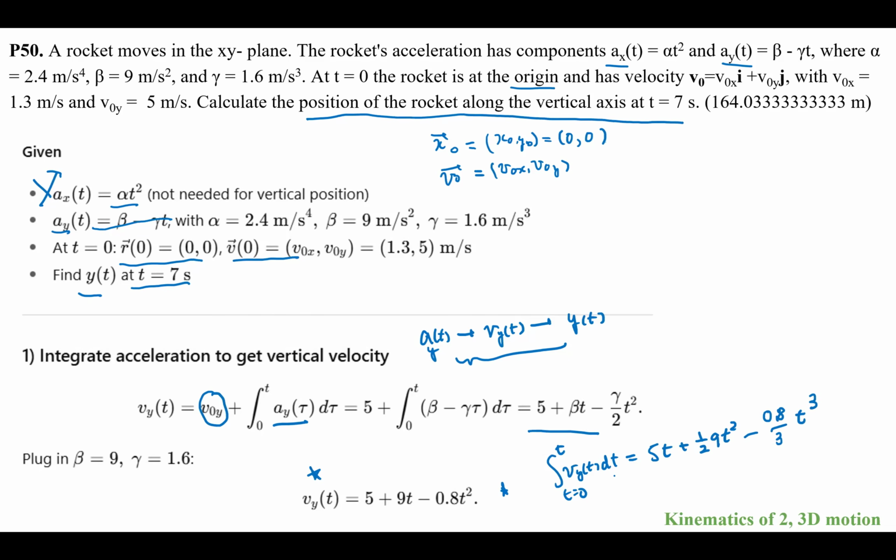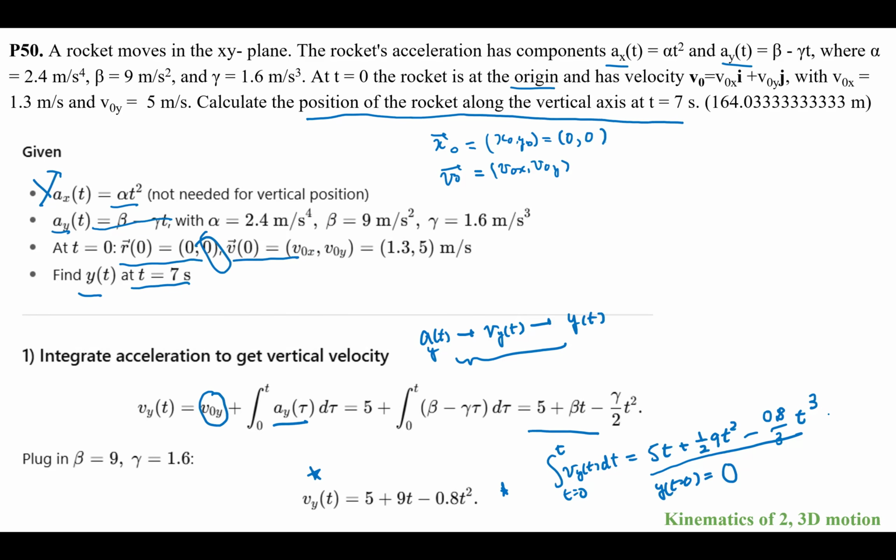Note that in this case, we have assumed that at t equal to 0, we have v0y. This is the case. And then x at t equal to 0, y at t equal to 0 is actually, if you look at it, 0.